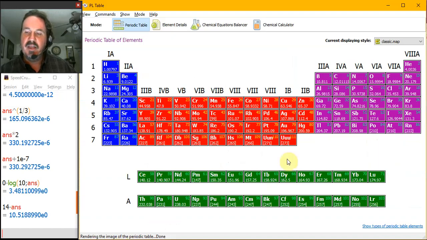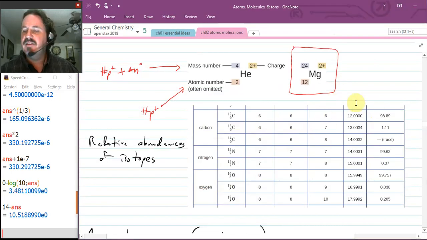I see 12.01115. What gives? Where does that number come from? Well, since all of these isotopes of carbon exist out there in nature, the number reported on the periodic table is simply an average of them. It's not a simple average, though, so you've got to be careful there.